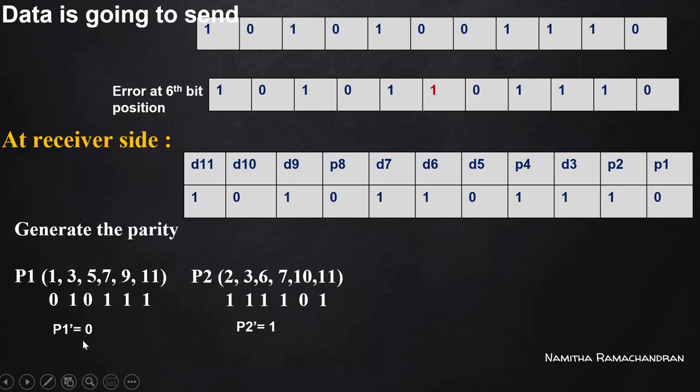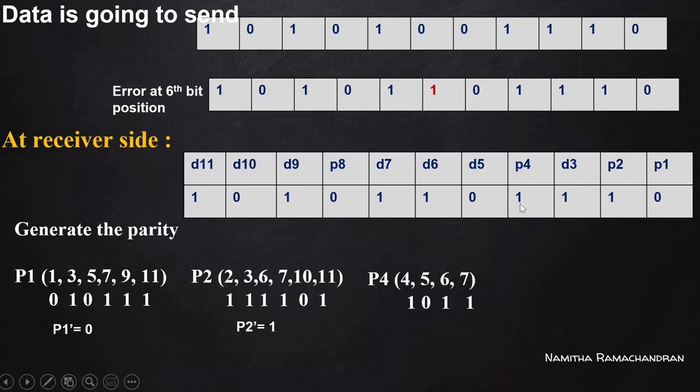If it is an even number, then that parity bit, the corresponding redundant bit position, is set with value 0. Next, we need to calculate P4 dash. For that we need to consider the locations 4, 5, 6 and 7.